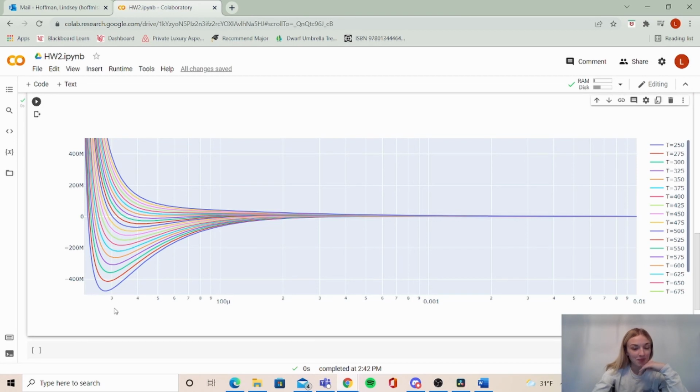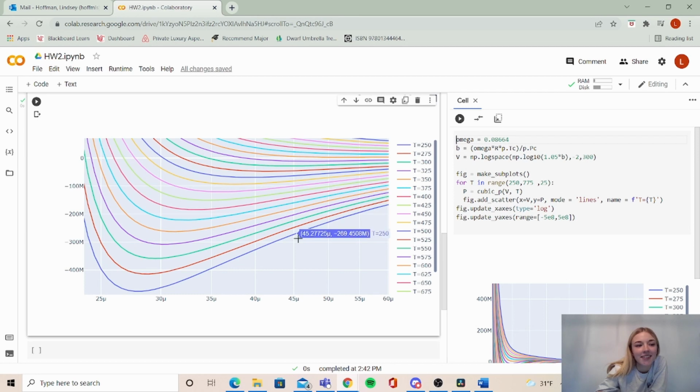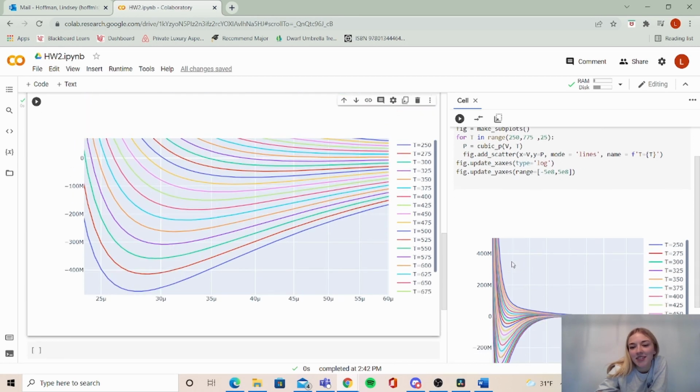If we zoom in here, we can even see those curves a little better. I don't know how to zoom back out. That wasn't it. Okay, well, we're done anyways, so that's okay.